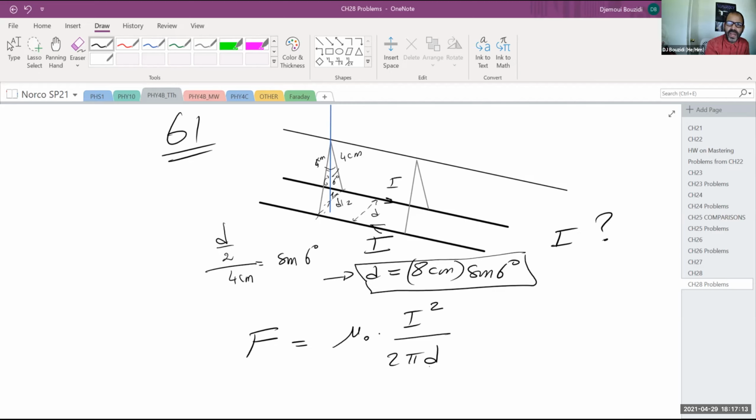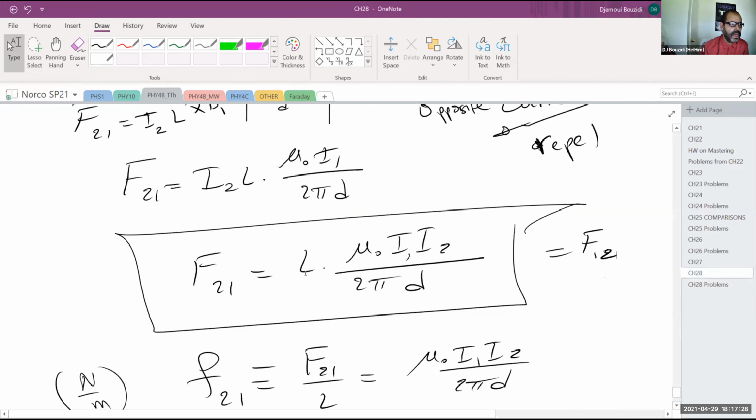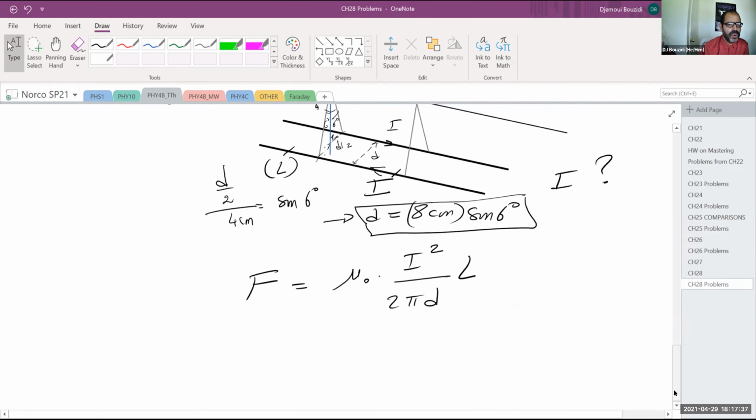We don't know what F is, so we really need to multiply by L, some length, which is not given. If I look at the expression, it's mu naught times the two currents divided by 2 pi times the distance, times L. So that L is not given, so we don't know what it is.